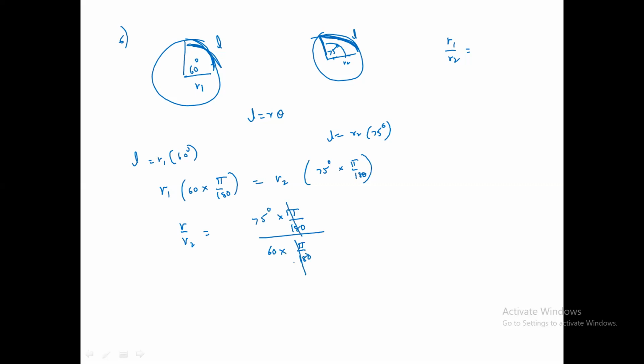First of all, pi by 180 will cancel. 5 15s, 5 12s, 3 5s, 3 4s. So R1 by R2 we got 5 by 4.